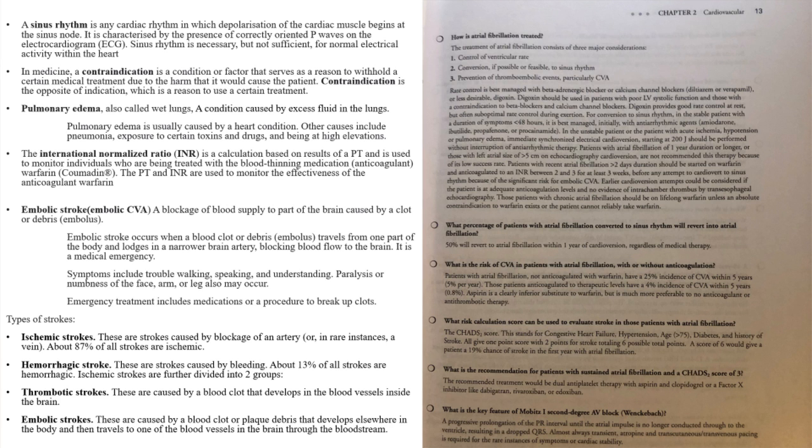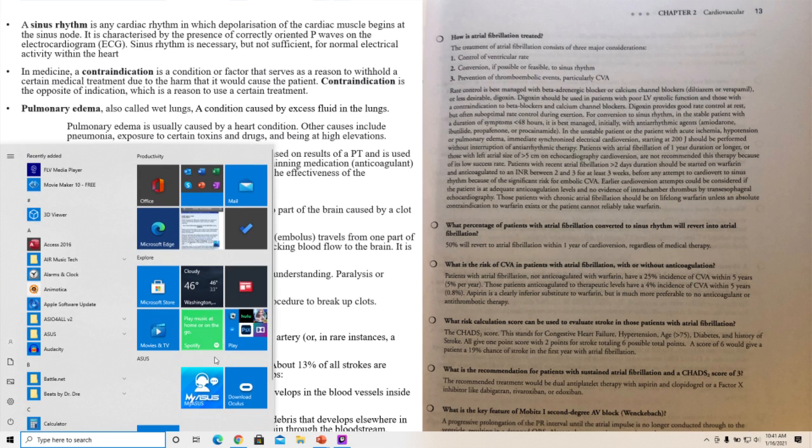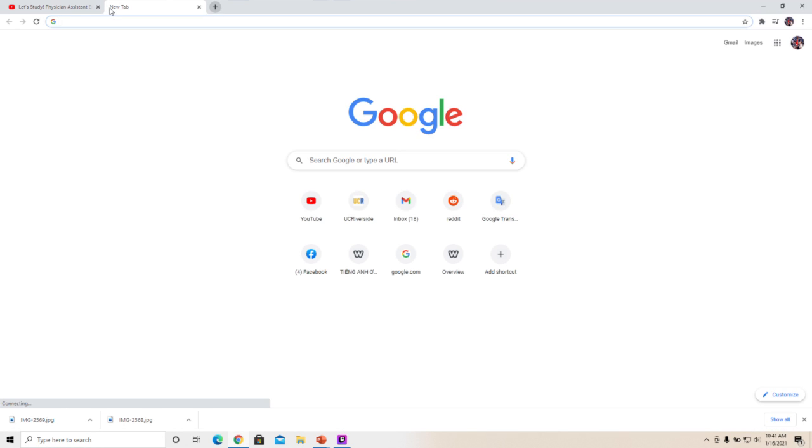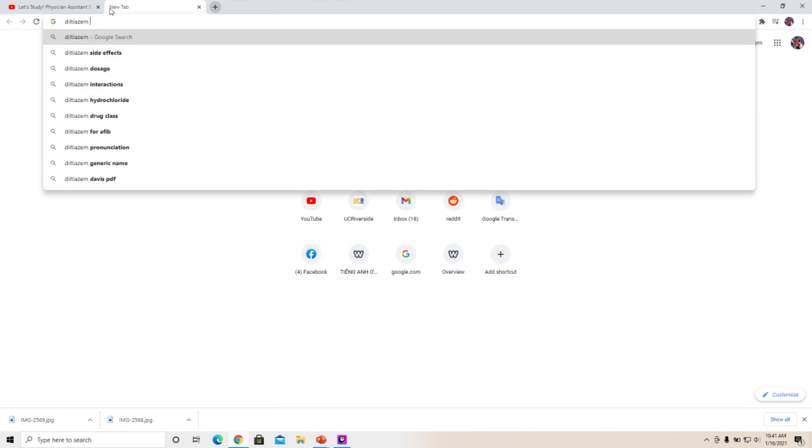Okay. So rate control is best managed with beta-adrenergic blockers or calcium channel blockers. How do you pronounce that? Diltiazem.